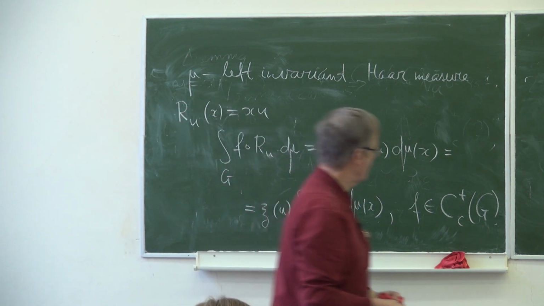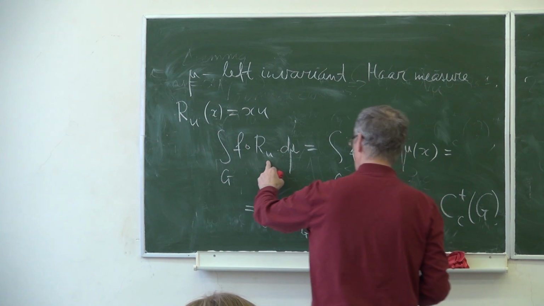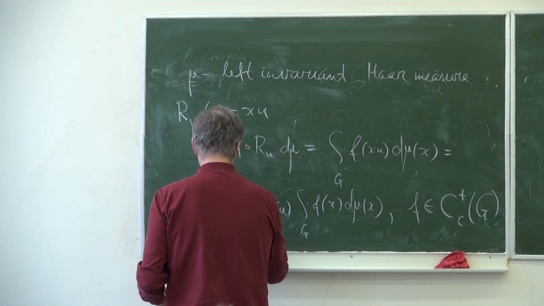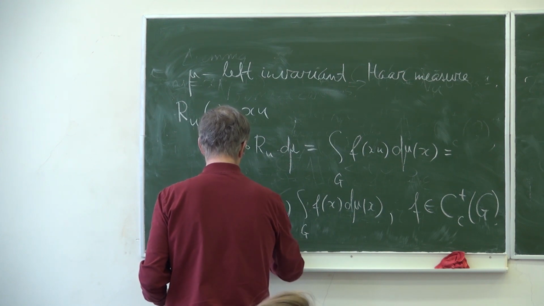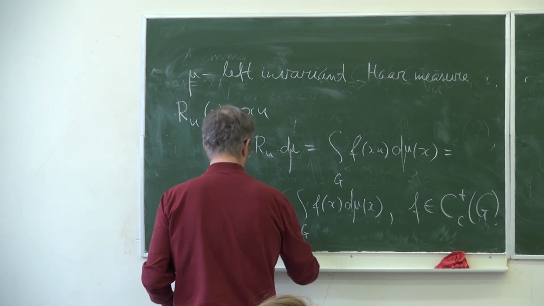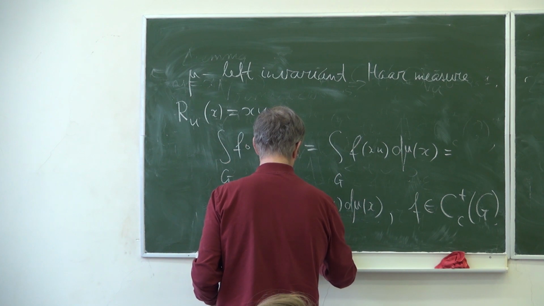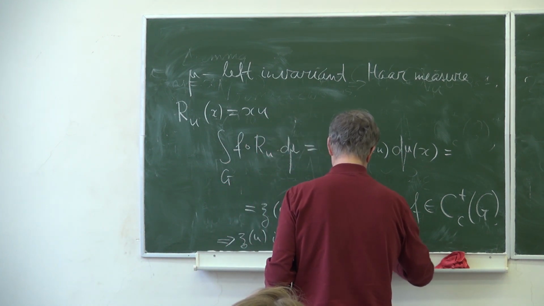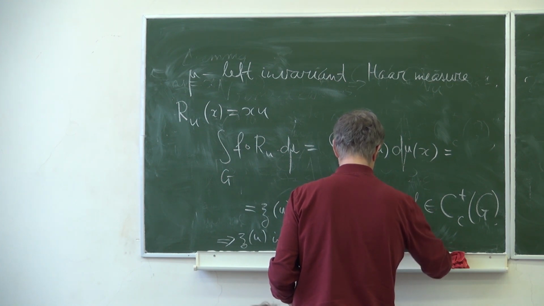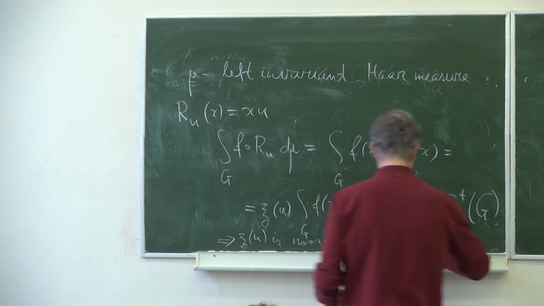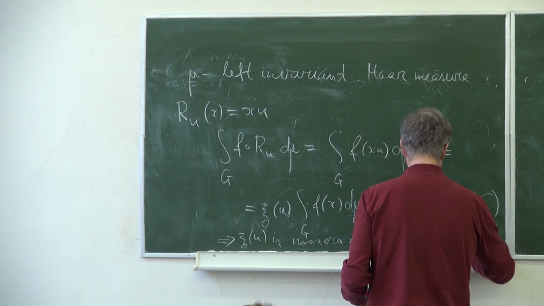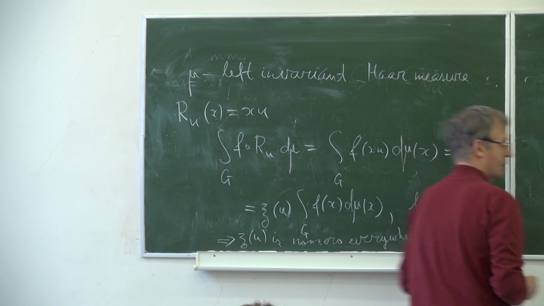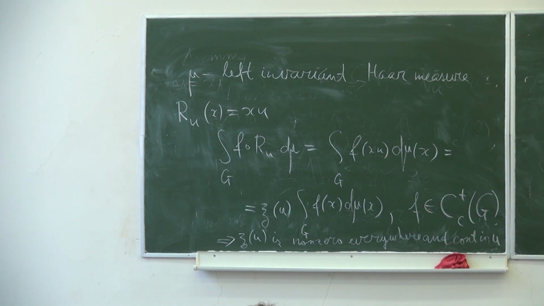So this is continuous in u, and the consequence is that xi of u is non-zero everywhere, and continuous in u. So this is a continuous function.